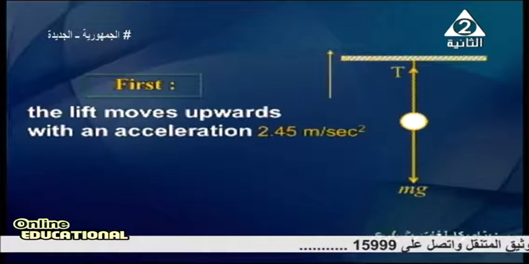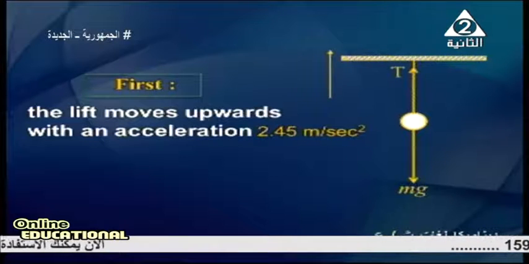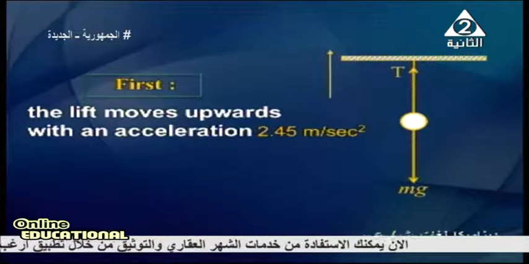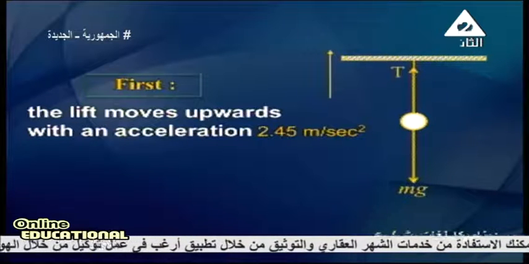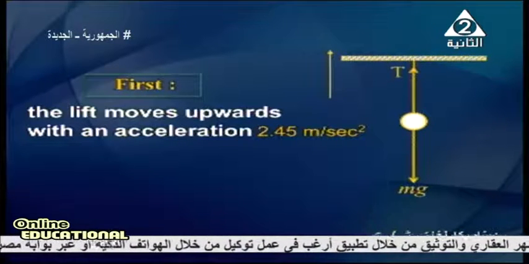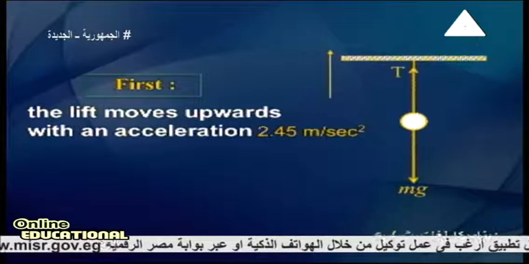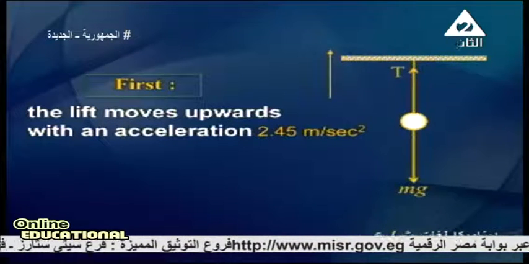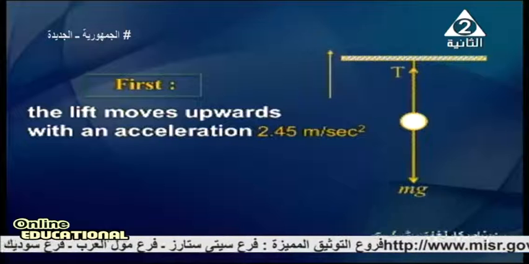First, the lift moves upwards with an acceleration of magnitude 2.45 meter per second squared. What is the equation of motion now? MA equals T minus mg, because T is in the positive direction and mg in the negative direction of motion.